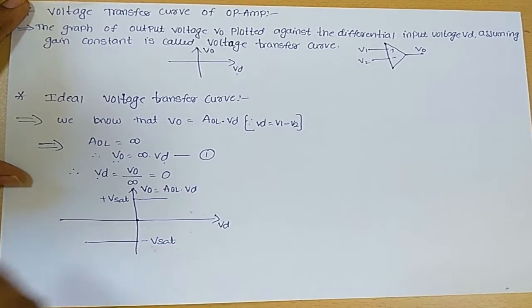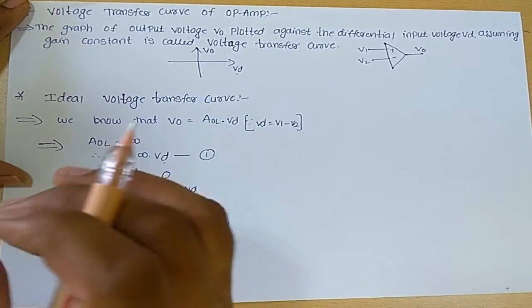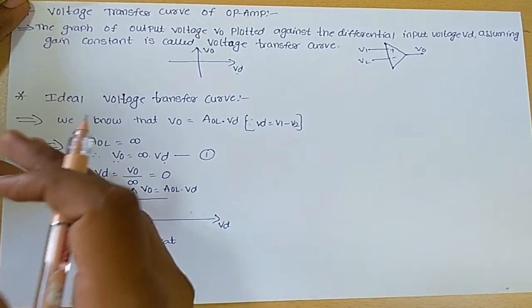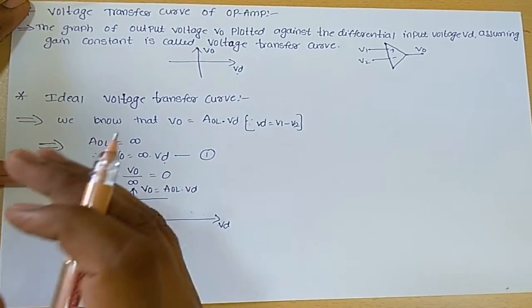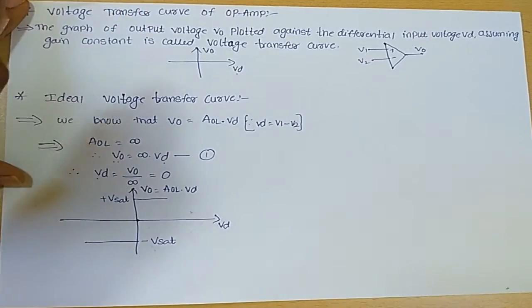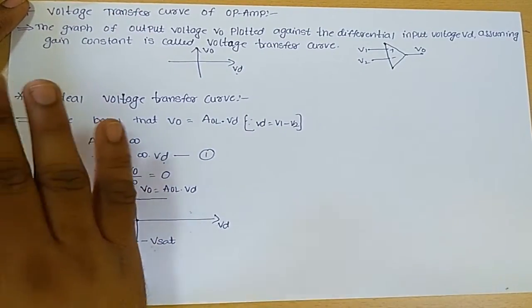Clear? But in this ideal voltage transfer curve, one important point is that we do not observe a linear region. It means that with respect to input, the output is not linearly varying. So in this condition the linear range is 0.